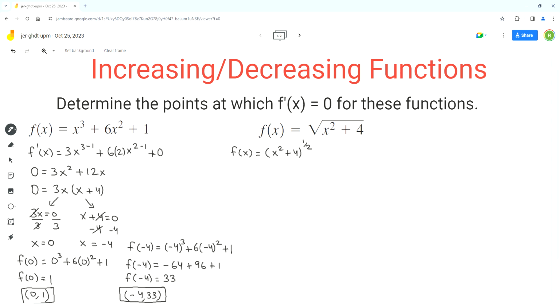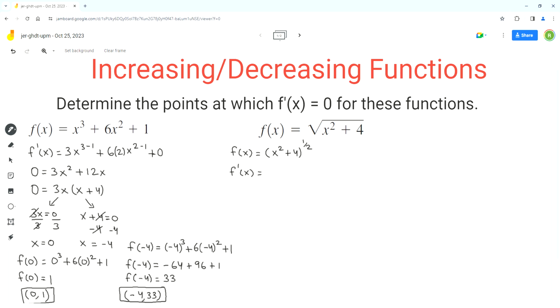Now we can find its derivative, and for that we'll have to use chain rule because this function has an inner function x squared plus 4 and then the outer function is the exponential function with the exponent half. So f prime of x is equal to, so we'll start with the derivative of the outer function, and for that we'll use the power rule.